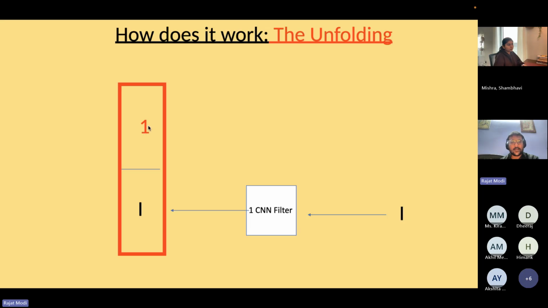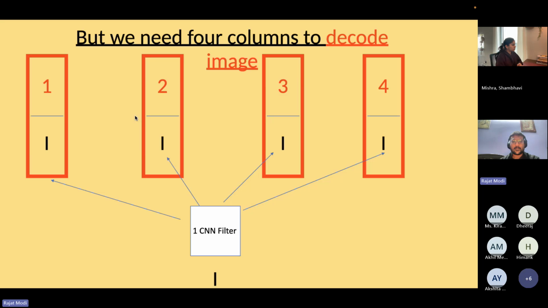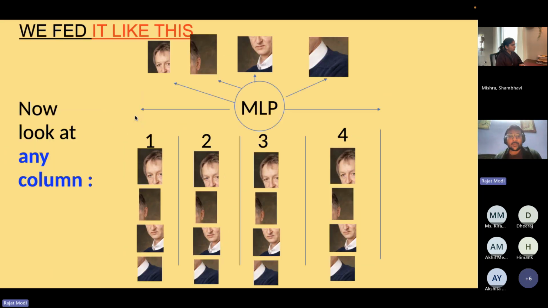This number 1 is not an integer; it can be a hard-coded positional encoding from a transformer. So maybe there are 100 numbers corresponding to location 1. In this case, this column contains 100 numbers for the image and 100 numbers for location 1, which is 200 numbers. So the first layer of the MLP will contain 200 neurons. In this diagram, I was showing you 4 columns.